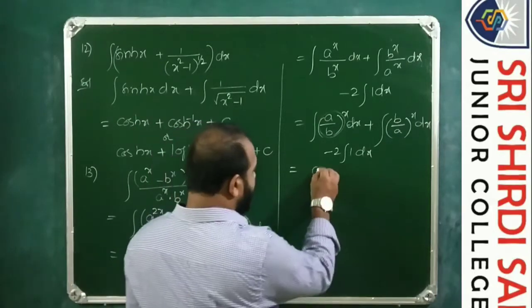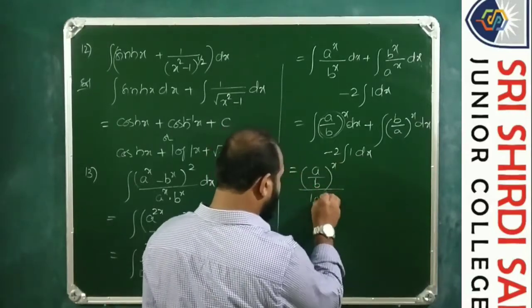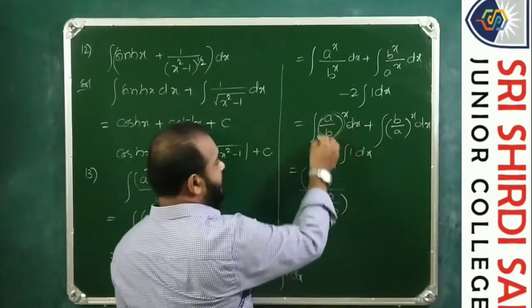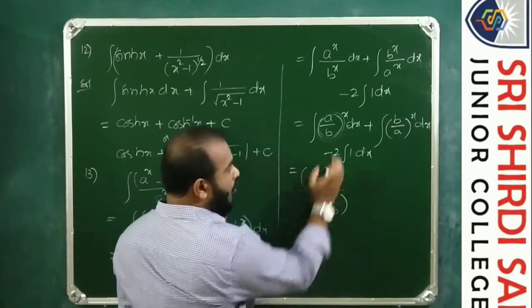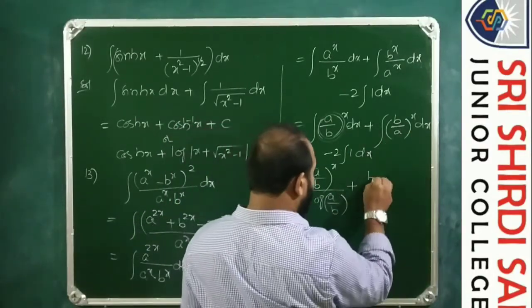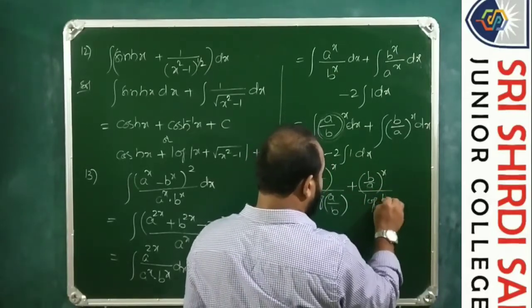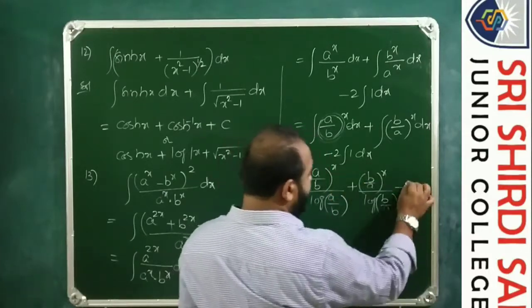So this is (a/b)^x by log(a/b). Let us suppose this to be x. So integral a^x dx is a^x by log a. So is the case with this also. This is (b/a)^x by log(b/a) minus integral 1 dx is x plus constant of integration c.